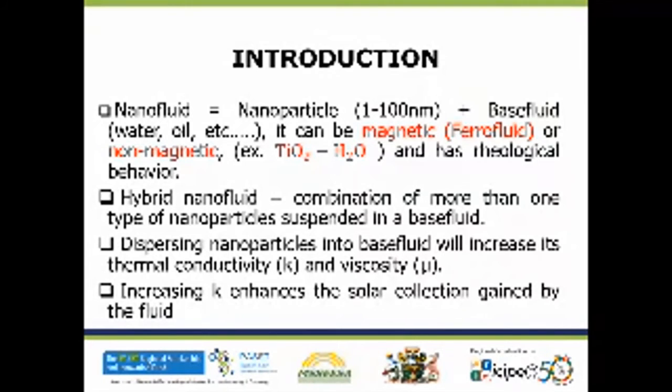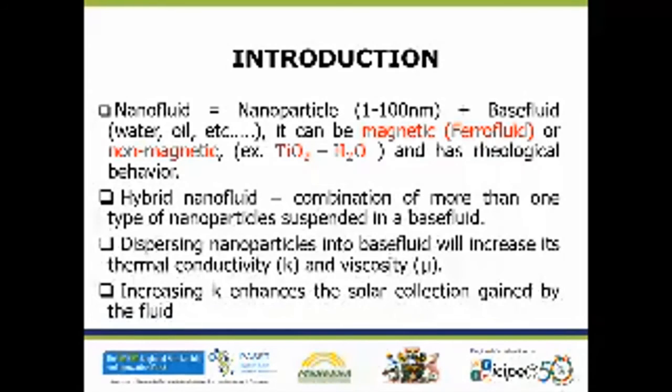An example here is titanium oxide injected into water. This is a type of nanofluid. All nanofluids have rheological behavior. That means the relation between the stress and deformation is not linear. It means that if you shake this nanofluid, its viscosity may change.